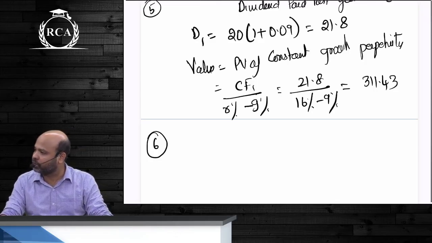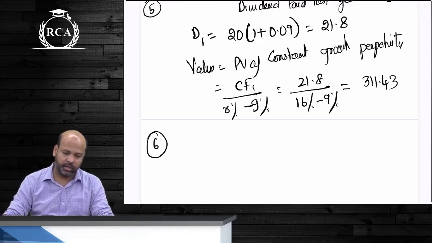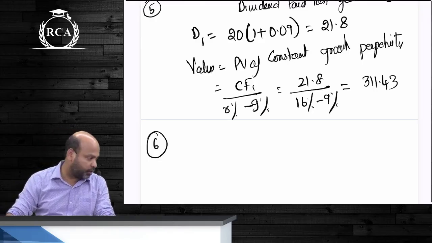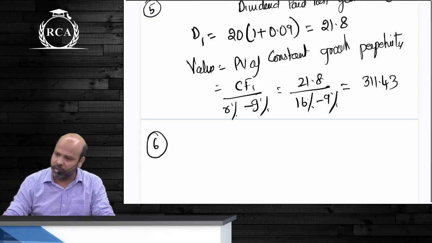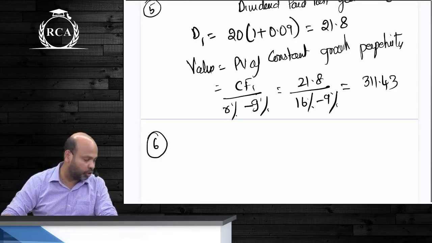Required rate of return is 13%. Compute the value of debenture.